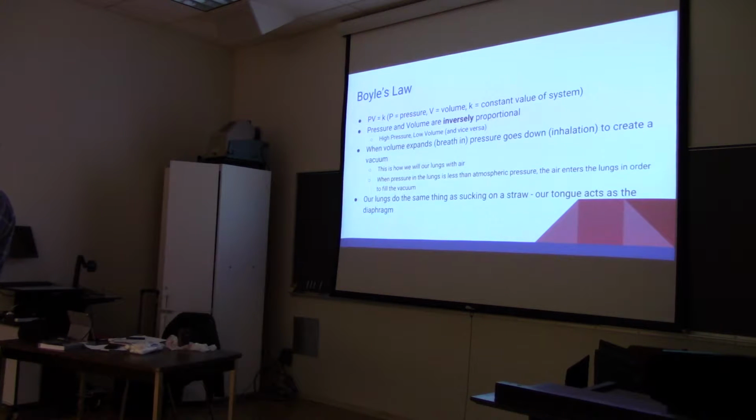Because if this is open, the air comes in, because there's less pressure. So the atmospheric pressure is actually what is pulling the air into your lungs, and not your diaphragm. Make sense? I hope that's super clear.